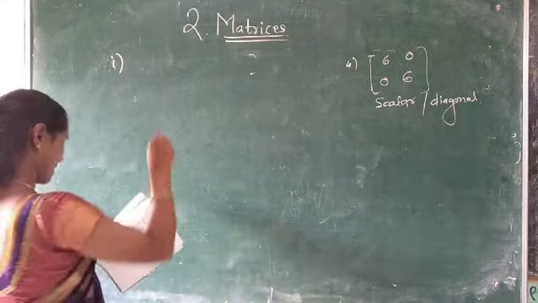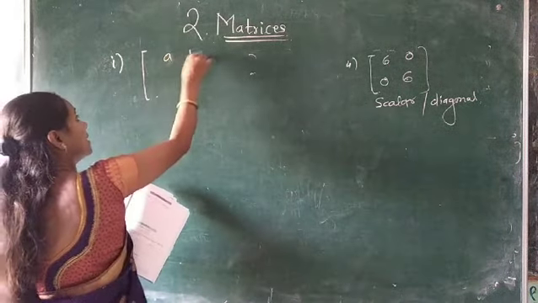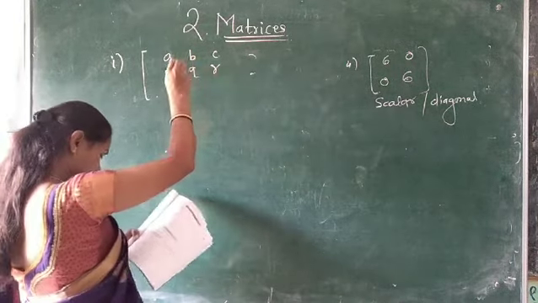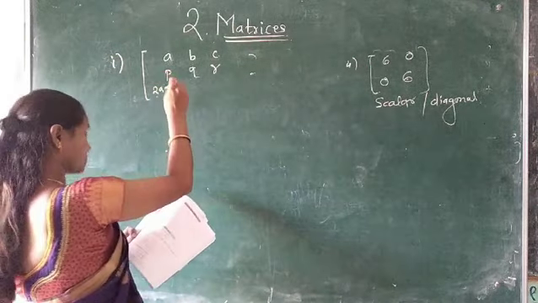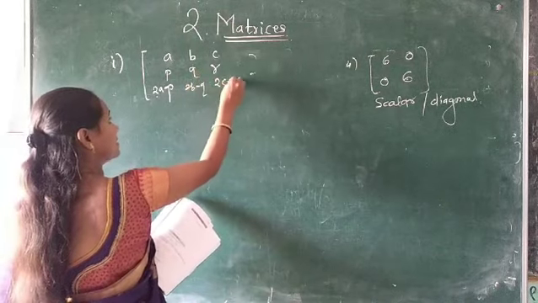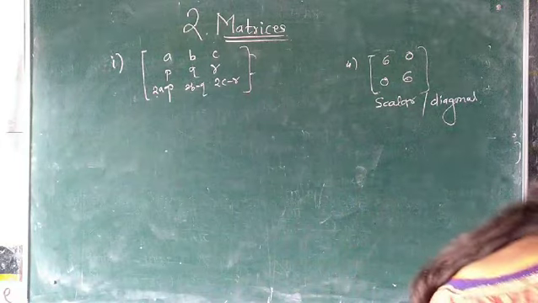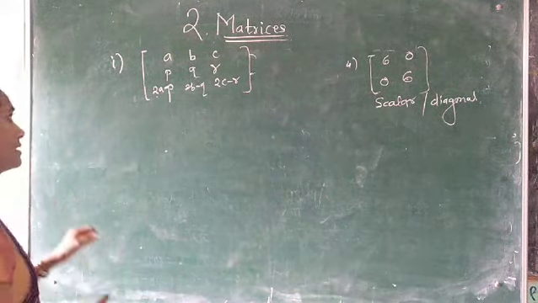And in 11th standard, we studied how to solve the determinant. The matrix is A, B, C; P, Q, R; and then 2A minus P, 2B minus Q, and 2C minus R. So, to check whether this matrix is singular or non-singular, we have to find the value of its determinant.